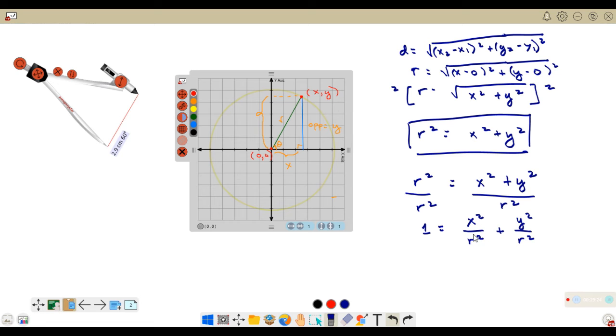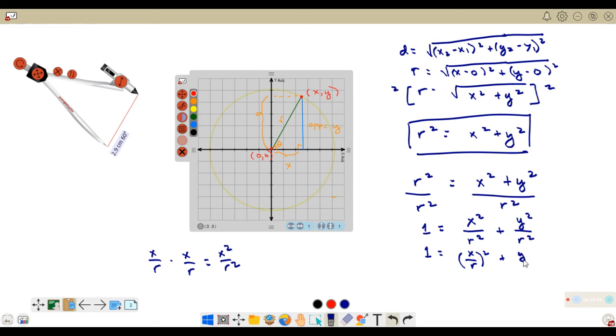Ayan. So, what do we know about x squared over r squared? Pwede mo rin tong gawing x over r squared, because x over r times x over r is equal to x squared over r squared. So, pwede mo yung gawing ganyan. X over r squared.